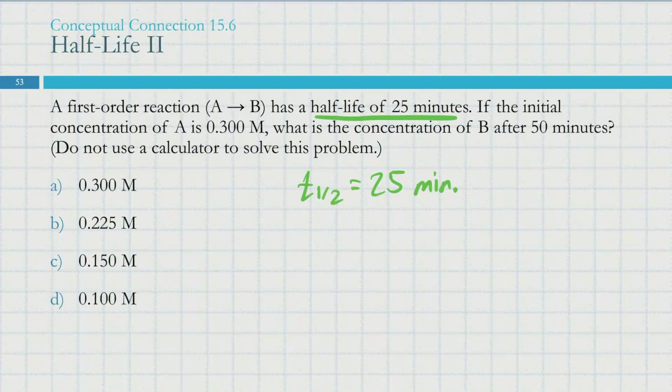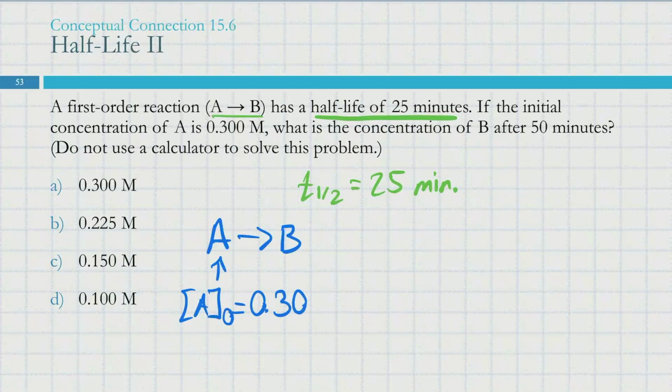Our reaction is A to B. Our initial concentration of A was given, and we're looking for the concentration of B after 50 minutes. 50 minutes is 2 half-lives.